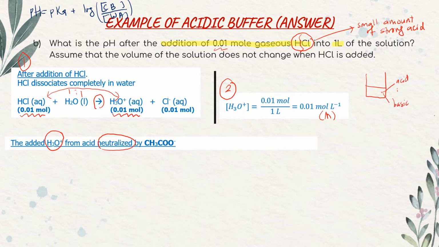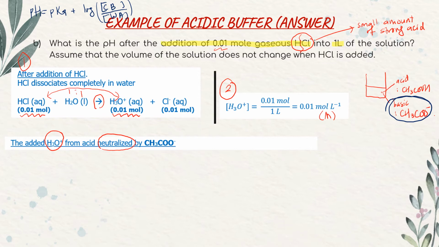So our acidic component is the CH3COOH and the basic component is the conjugate base CH3COO-. So disebabkan kita tambah acid, H3O+, siapa yang akan neutralkan dia? The basic component over here. So CH3COO- yang akan neutralizekan dia.